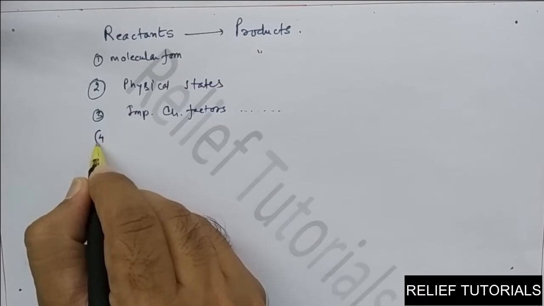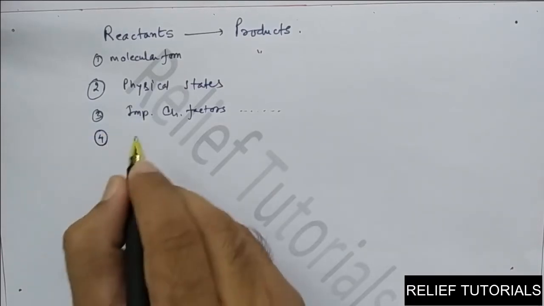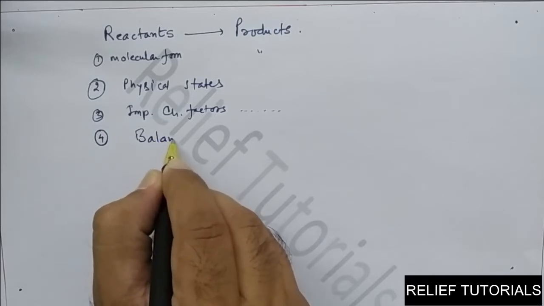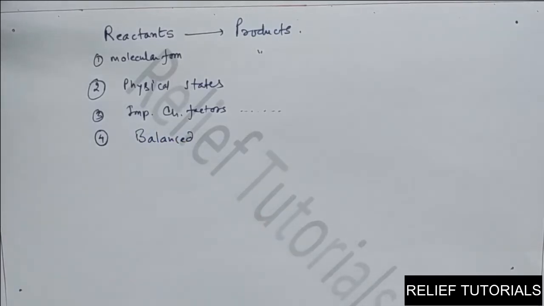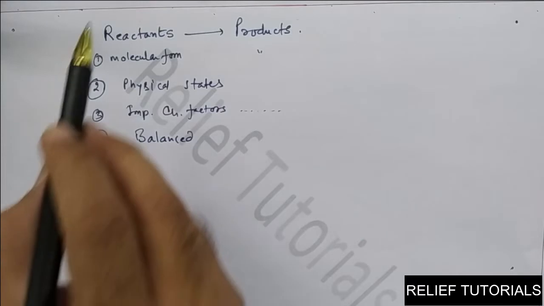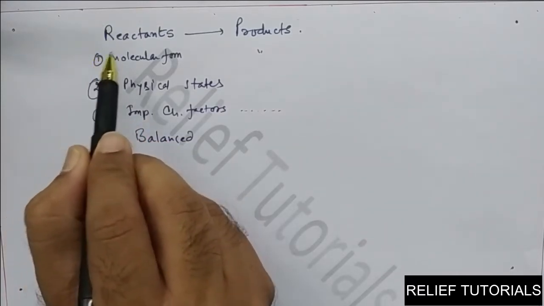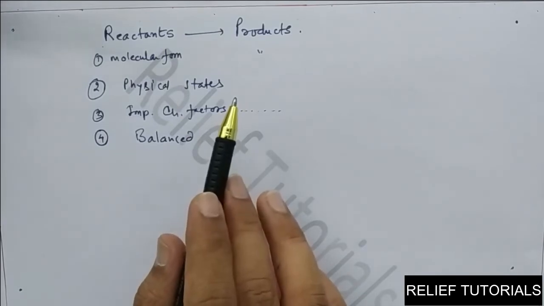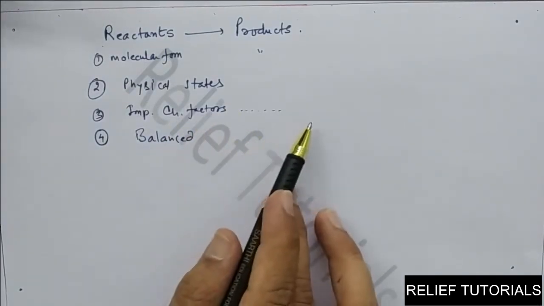Then we have seen that a chemical equation must be balanced. Balanced means the total number of atoms of all the reactants on the left hand side should be equal to the total number of atoms on the right hand side.